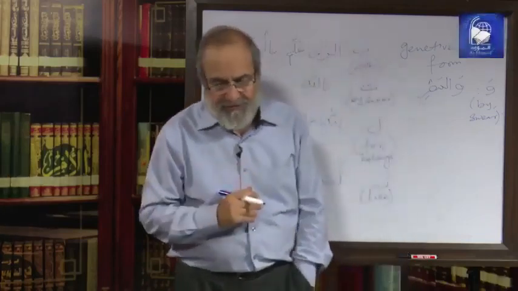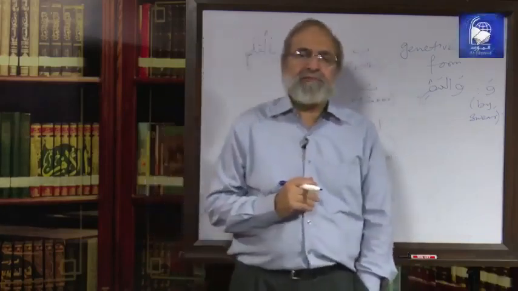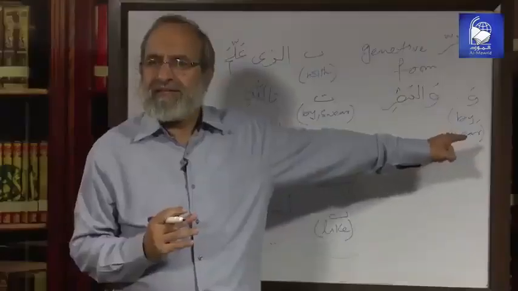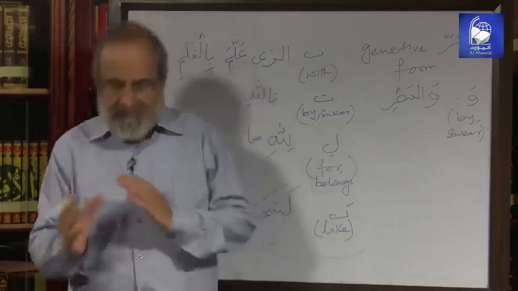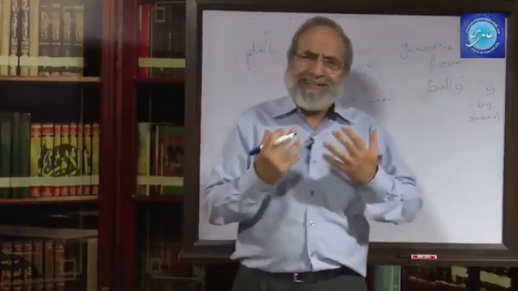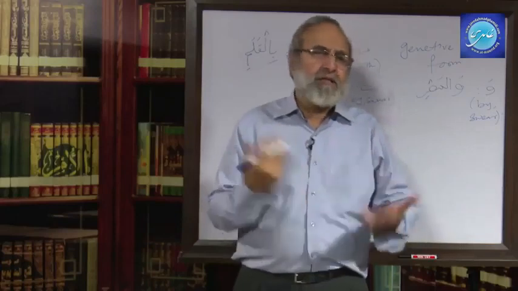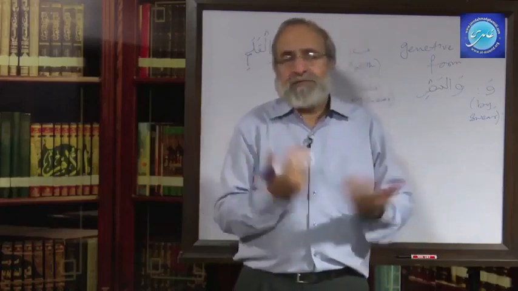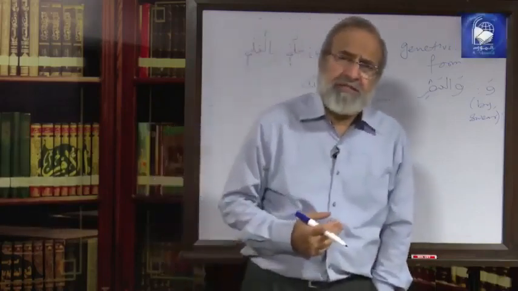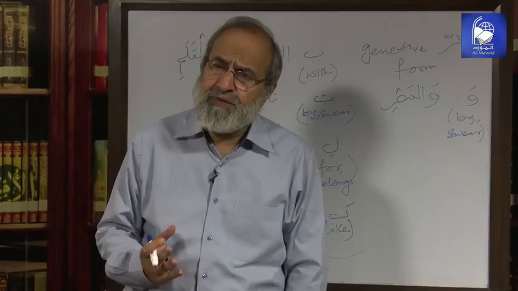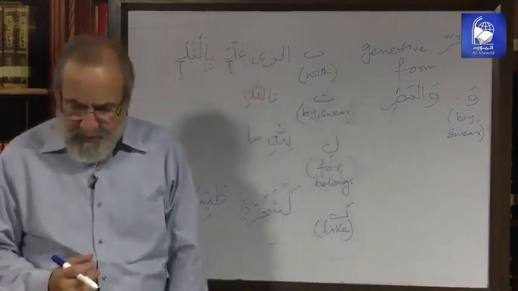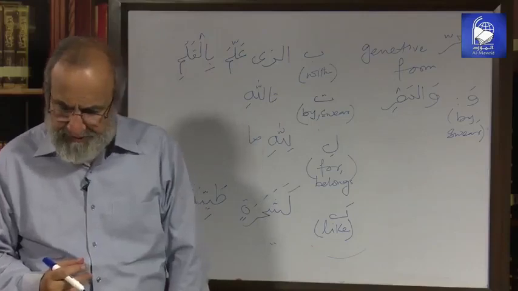It's a conjunction, and it's not this particular particle, because you have in languages completely identical words meaning different things, and obviously you have to look at the context to decide as to whether they are used for one purpose, meaning, or another. We move on from vow to min.